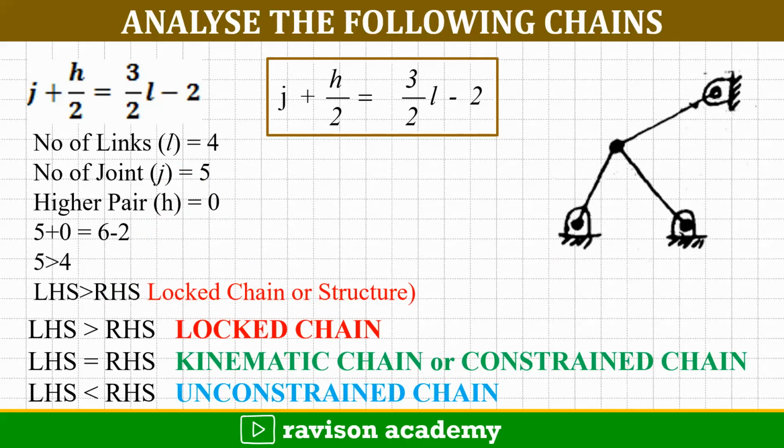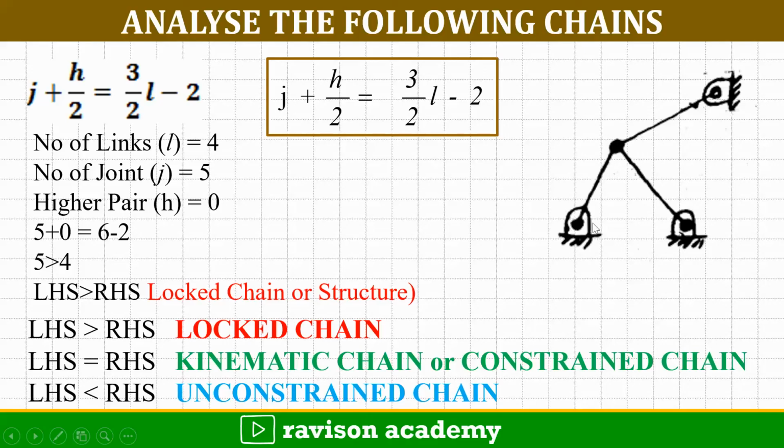So in this problem, we have the fixed link taken as 1 and 2, 3, 4. So totally 4 links are there and 1 ternary joint is there. This is a ternary joint where all the 3 links are connected. So this ternary joint should be taken as 2 equivalent binary joints.